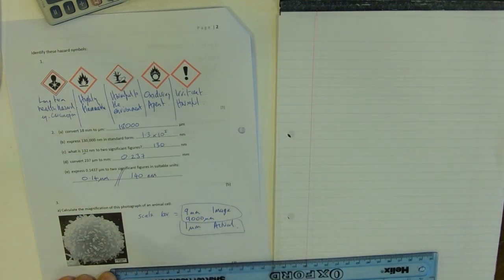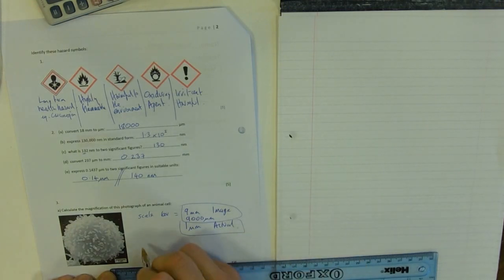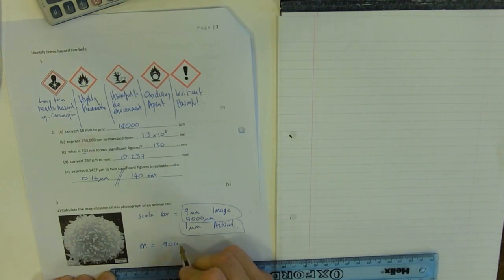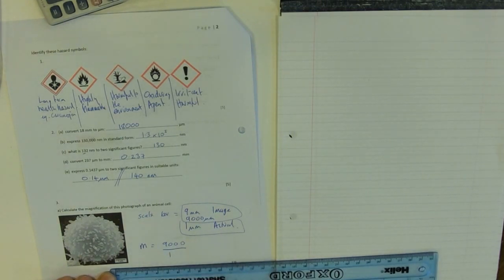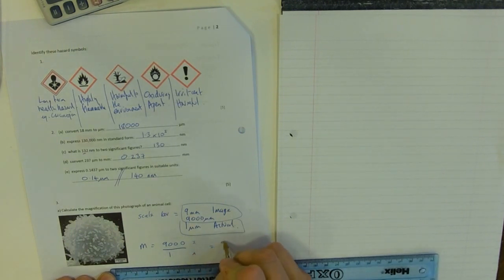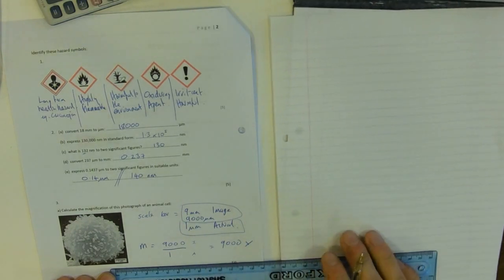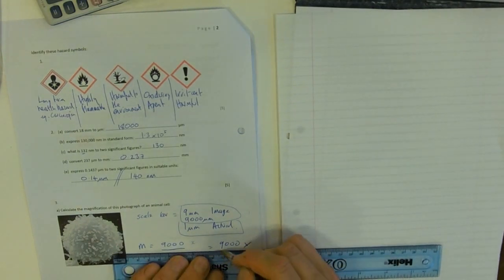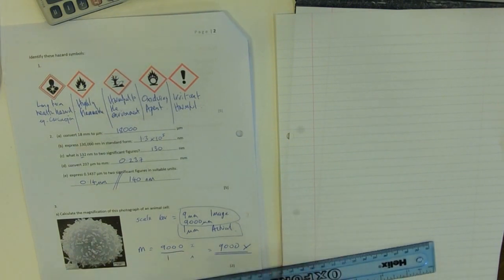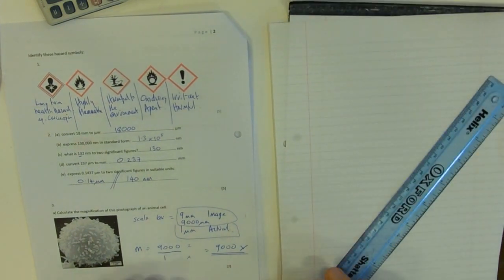So my calculation would be my magnification is 9,000 divided by 1 in this case. So my image divided by my actual, and that's 9,000 times. It's not got any units, but we put times, just to show it's magnification. 2 marks for that.